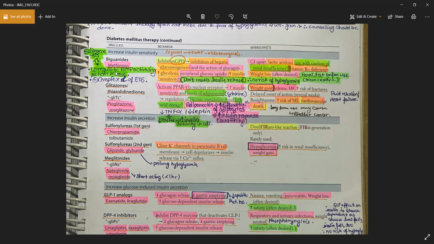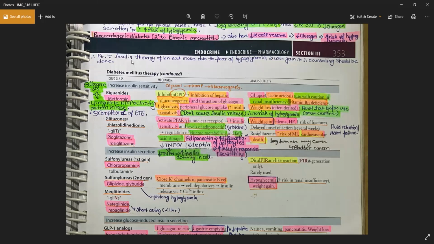So whenever you give secretin in a case of ZE syndrome, it stimulates the pancreas to release more gastrin instead of inhibiting it. So this is a test you will do for ZE syndrome. Secretin increases gastrin from the pancreas, but at the same time it inhibits gastrin by the stomach. Okay, thank you.